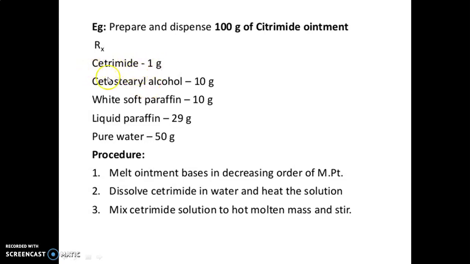RX: cetrimide 1 gram, cetostearyl alcohol 10 gram, white soft paraffin 10 gram, liquid paraffin 29 gram, purified water 50 gram. Then procedure: melt the ointment bases in a decreasing order of melting point. Dissolve the cetrimide in water and heat the solution. Mix the cetrimide solution to hot molten mass and stir.